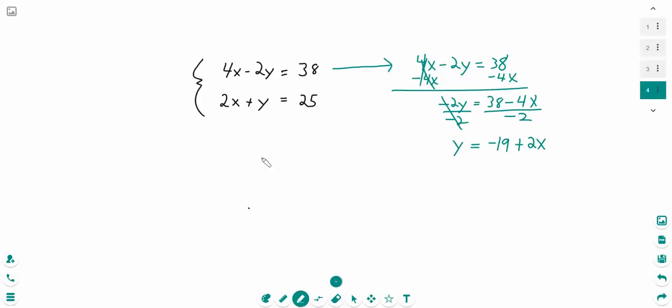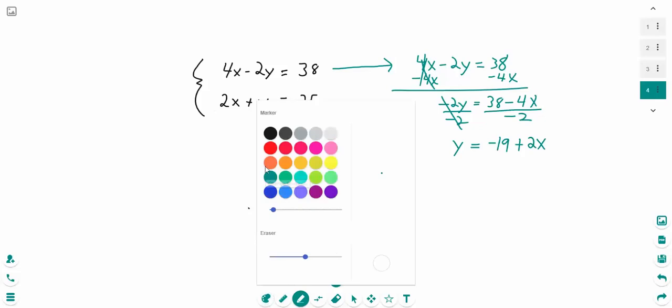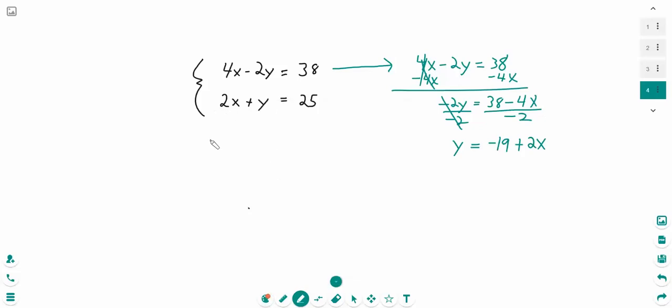Let's plug that into one of our other equations. Let's plug it into the second equation. So we have 2x plus y, which we now know is negative 19 plus 2x, is equal to 25. The positive is not going to change any of the signs, so it's just going to be 2x minus 19 plus 2x is equal to 25.